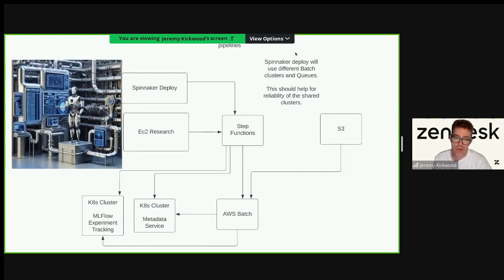If we wanted to run a particular pipeline on a schedule, we recommend a Spinnaker setup, and this will allow creating step functions as the orchestrator. So you can still do this directly from those same EC2 machines, but that's more of a dev cycle of being able to see it work correctly.